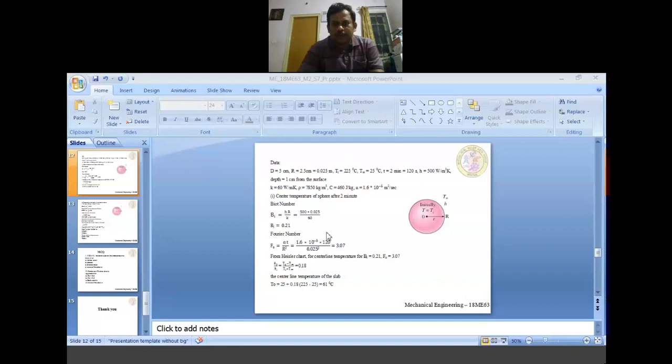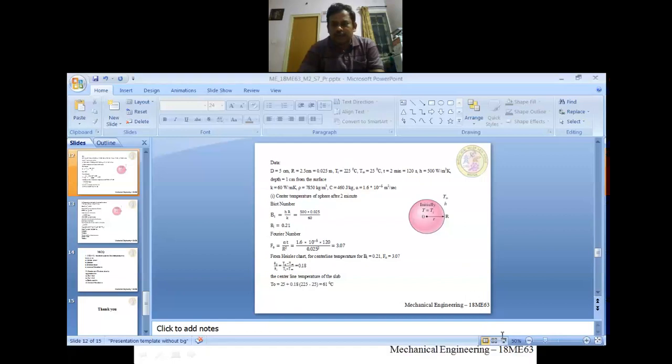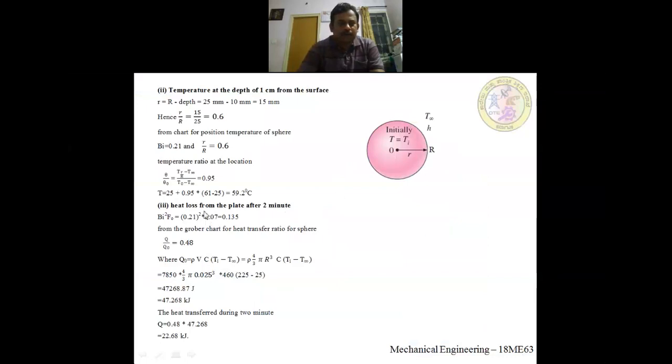It's not coming, so just go through the charts and you are going to get the values. Theta by theta naught will be around 0.95. So the temperature you are going to get is 59.2 degrees Celsius.